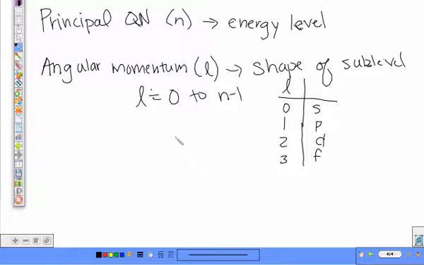So if n is 3, L can equal 0, 1, and 2, so you have 3 different sublevels that are possible if you need to fill that far: S, P, and D.